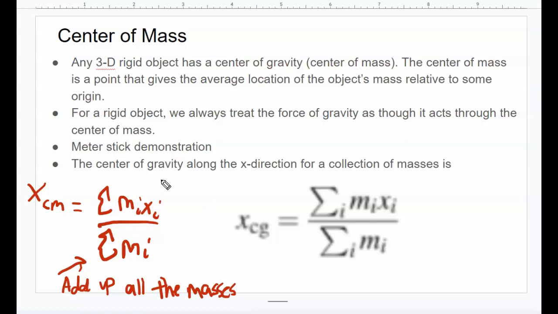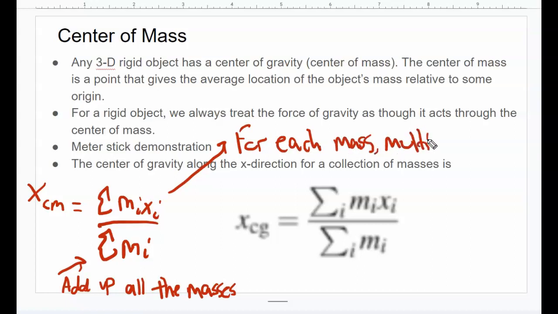Okay, in the top, when we see m_i times x_i, this says for each mass, we're going to multiply the mass element times x_i, where x_i represents the distance of that mass element from the origin.